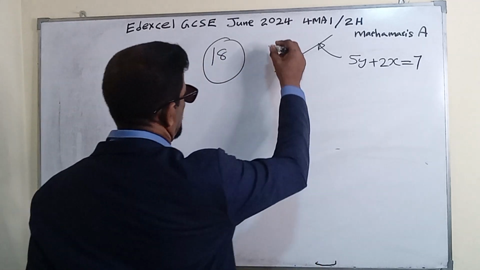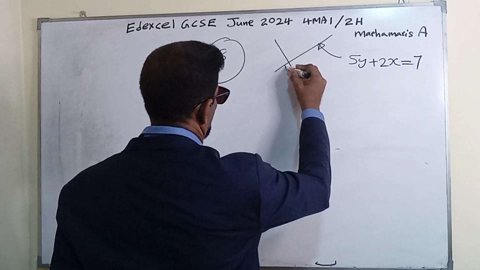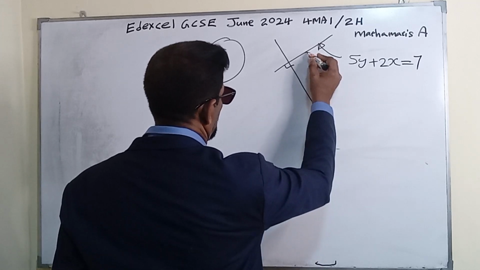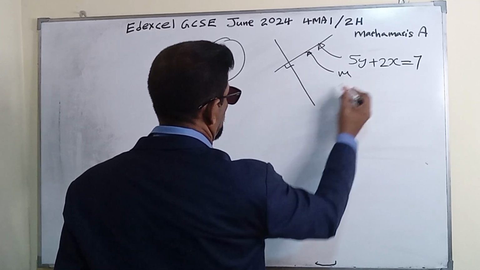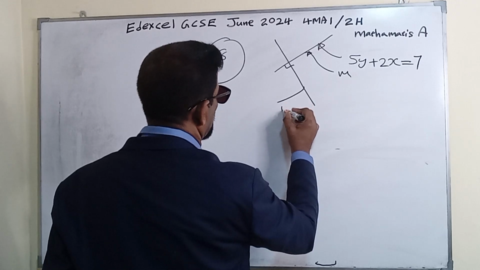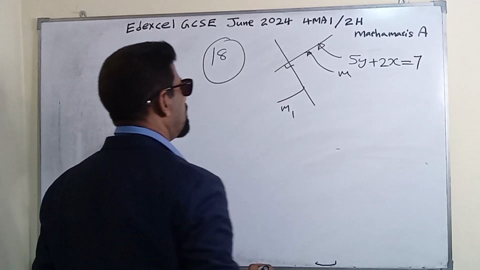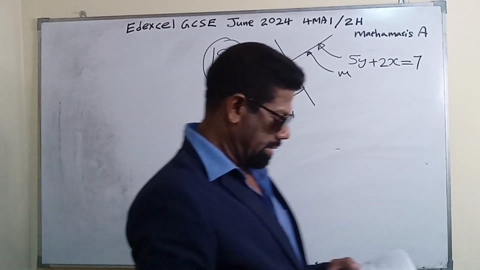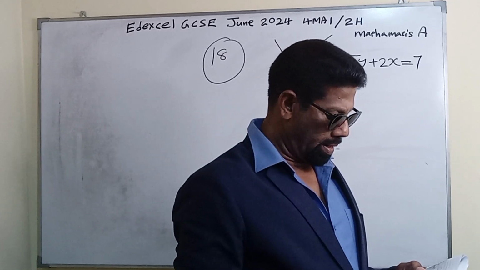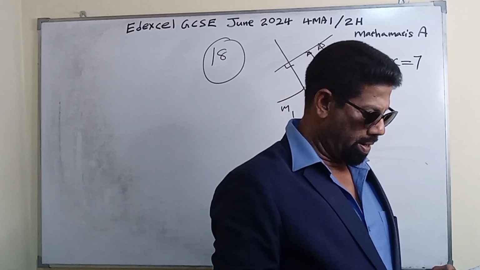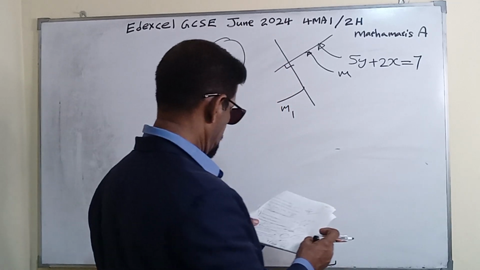He needs that perpendicular gradient, m1. Now that question is very easy: find the gradient of the straight line perpendicular to that line.